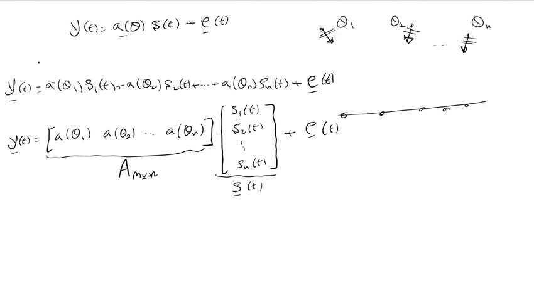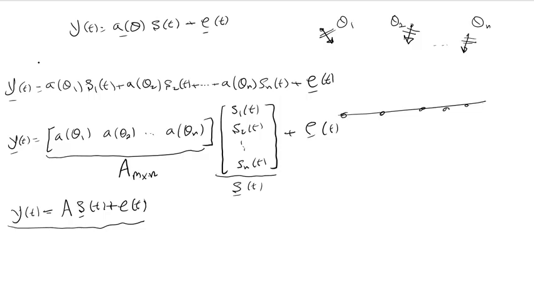So finally we have the signal vector y(t) equals A s(t) plus e(t). This is the array signal model when we consider the uniform linear array.